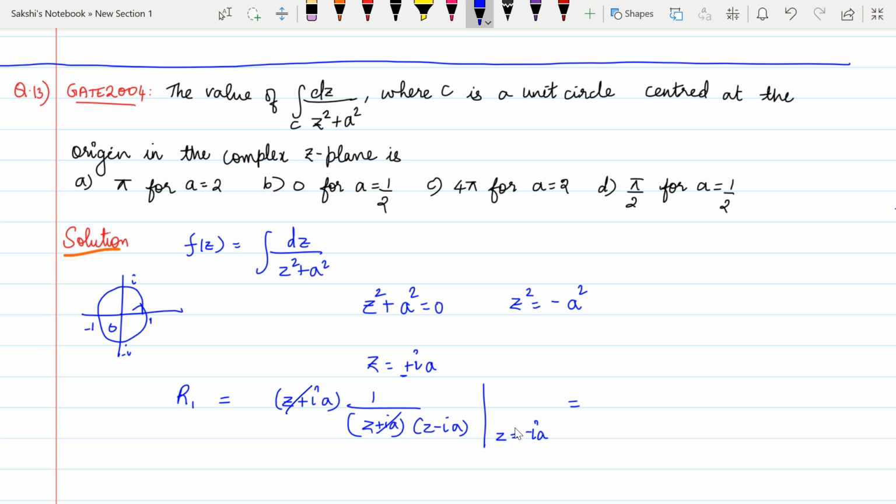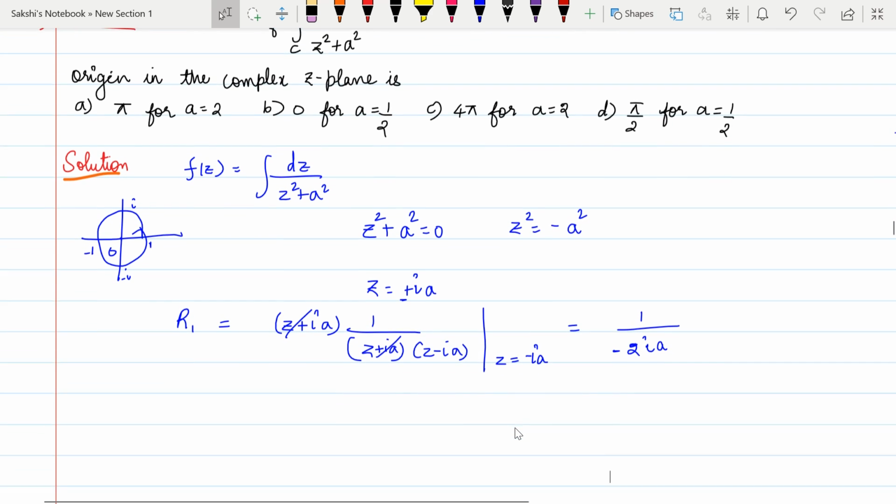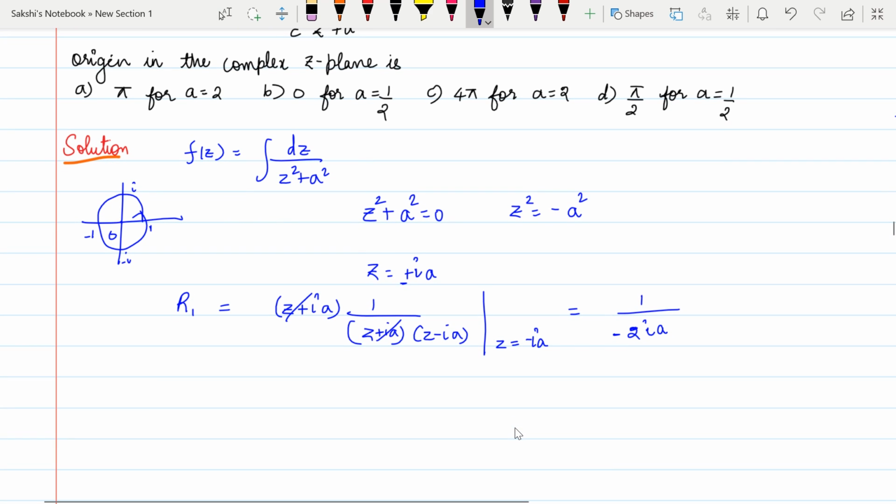So you get 1 divided by minus 2ia. So this is your first residue. Now let us find the second residue. For z is equal to ia, you get (z minus ia) into 1 divided by (z plus ia)(z minus ia).